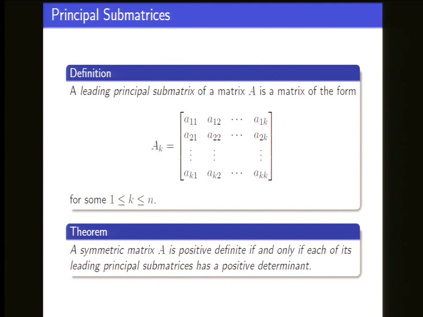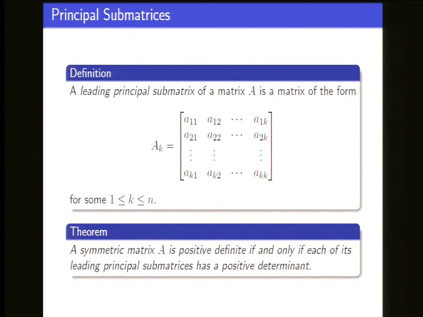A equals the same matrix as before, 4, 2, 0, 2, 8, 1, 0, 1, 1. The leading principal submatrices of this are the 1 by 1 matrix 4, the 2 by 2 matrix 4, 2, 2, 8, and the 3 by 3 matrix, the matrix itself.